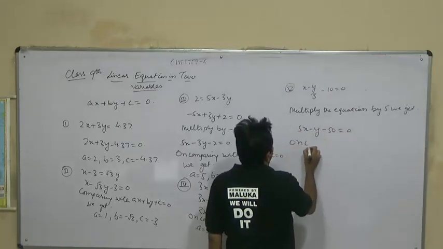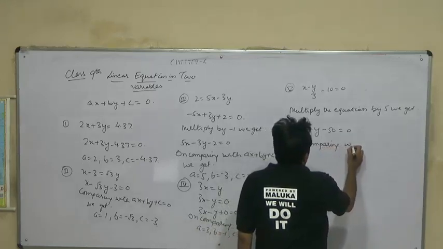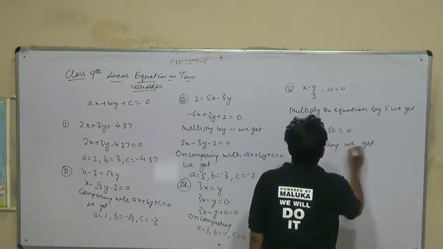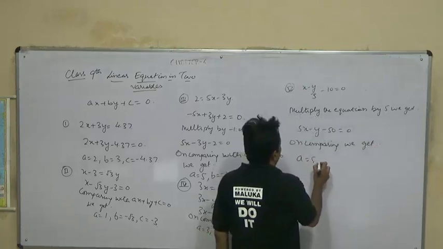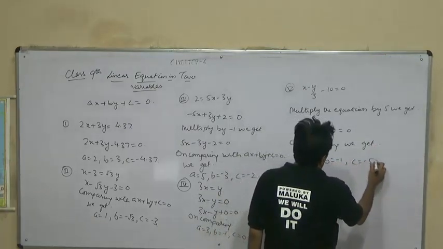So on comparing, we get the value of a as 5, the value of b as minus 1, and c is equal to minus 50.